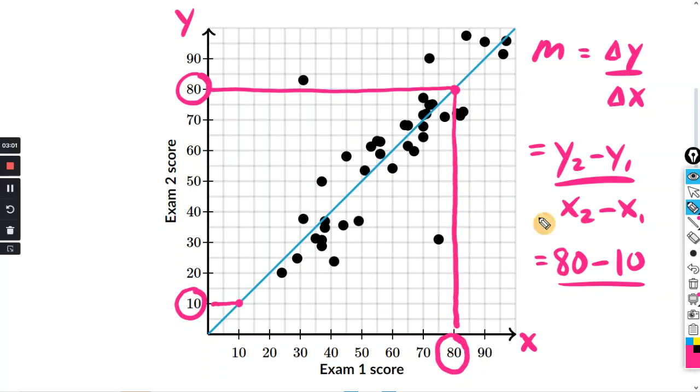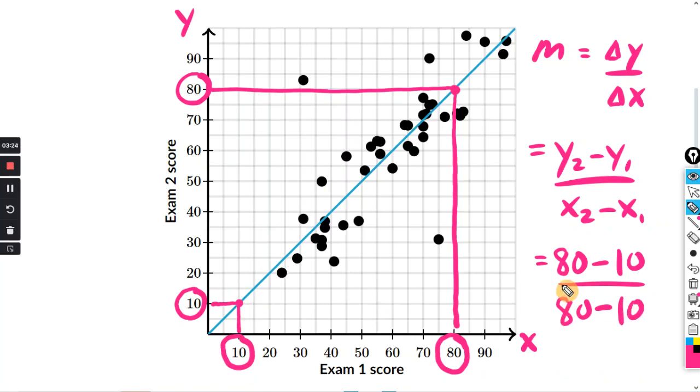So for the first x, that's going to be 80, minus, and then the other x. Here's my other point, and right here, that's a 10.